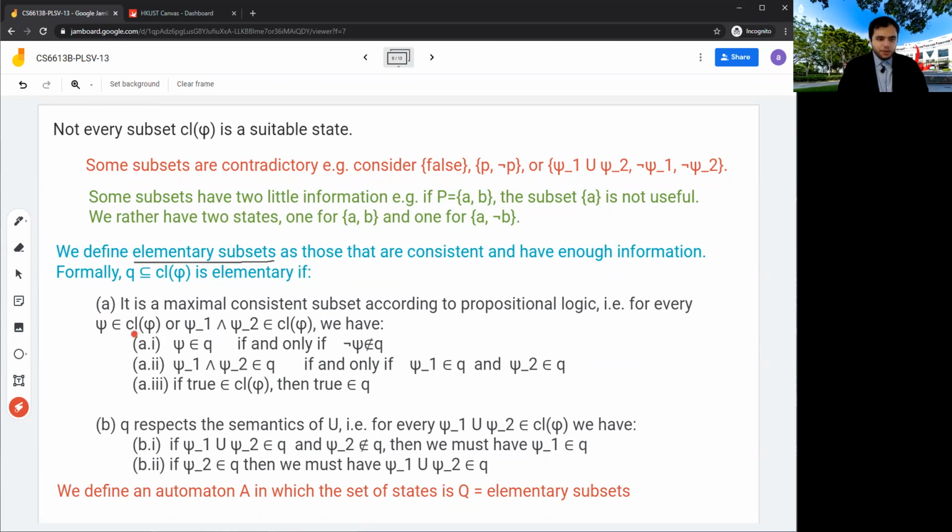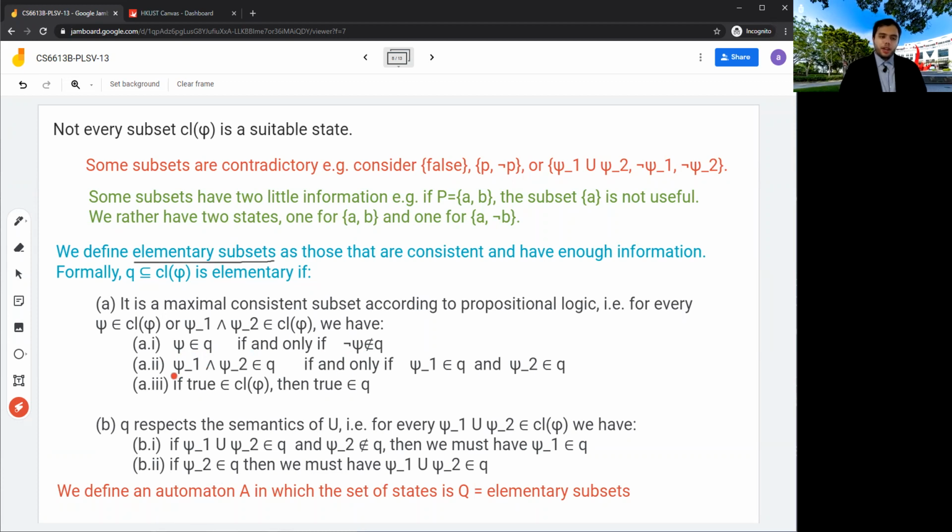Then I want to satisfy these conditions. What do I want? Well, in my elementary subset, I want to have psi if and only if I don't have its negation, right? This is easy because if I have both of them, then I'm not consistent, I'm contradicting myself. And if I have only one of them, I don't have enough information, right? So I want to have exactly one of these.